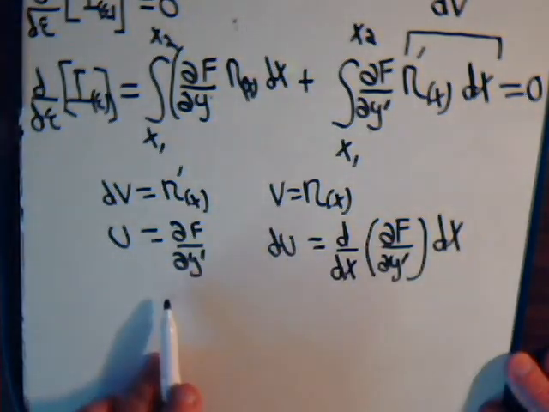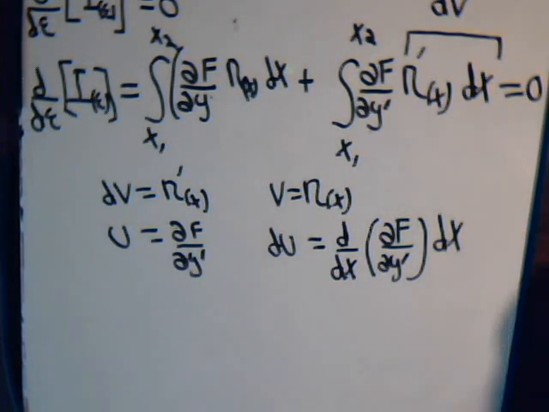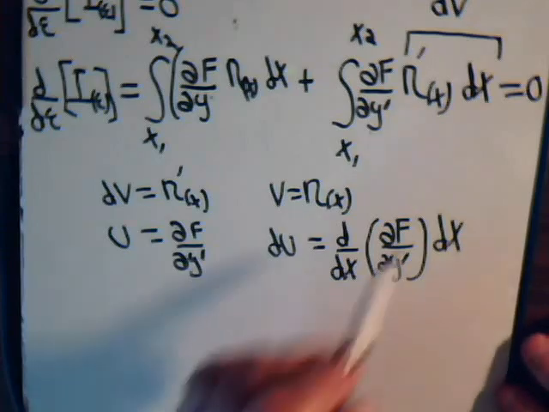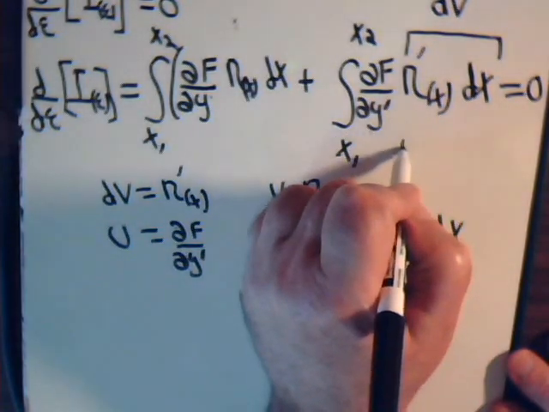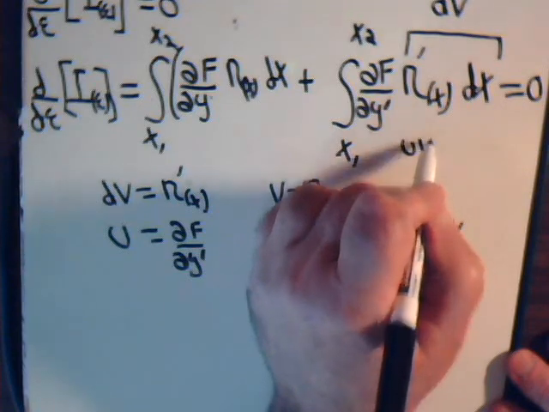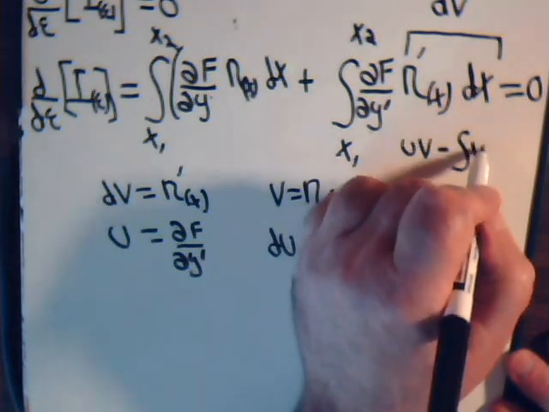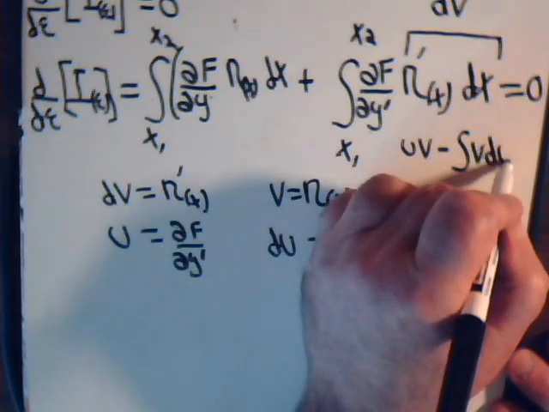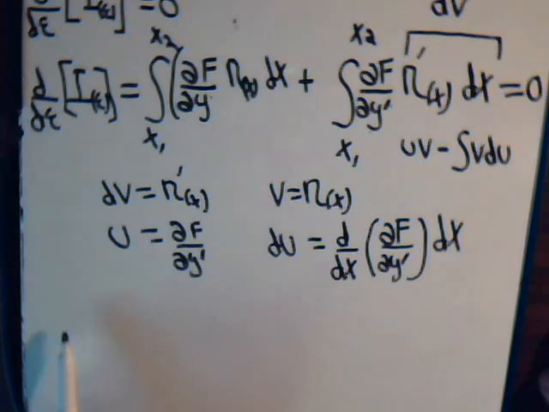So this is u, du is just that differential there. And this integral that we have right here that we want to treat by parts, that's going to be u times v minus the integral of v du. So let's write this down here.